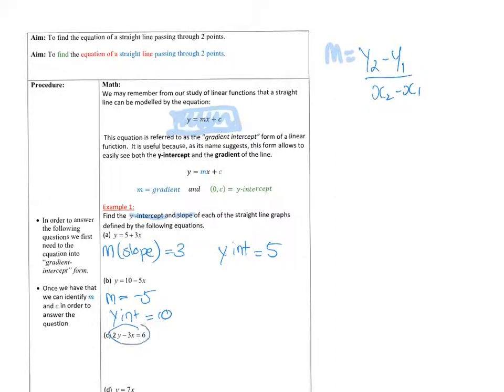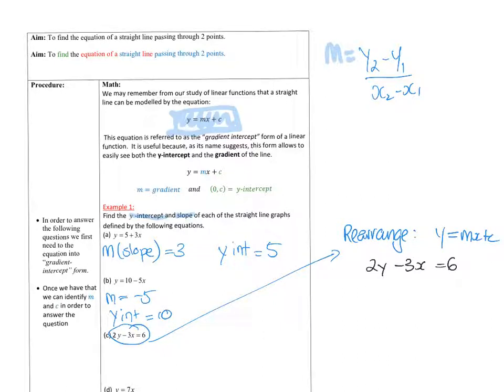Now, what about this one? What do I need to do? You need to rearrange it so that it is in this format, just 1y equals format. So if I rearrange 2y minus 3x equals 6, I'm trying to get 1y on one side and the rest on the other.